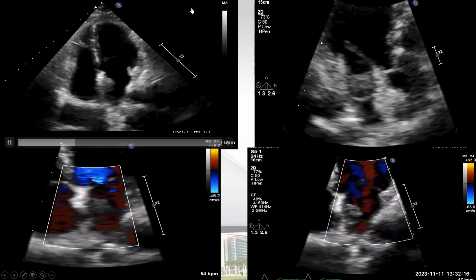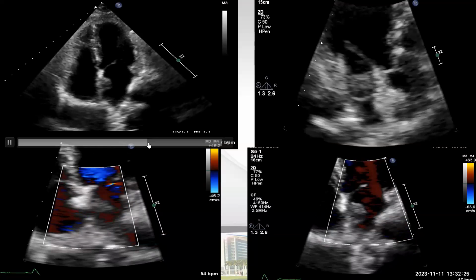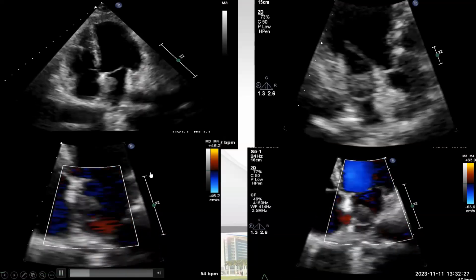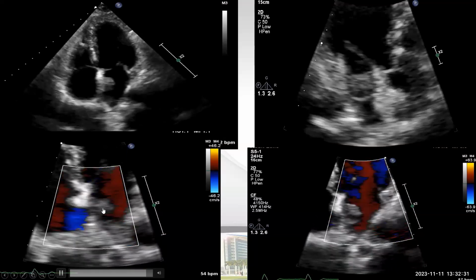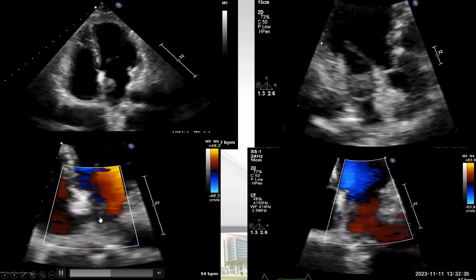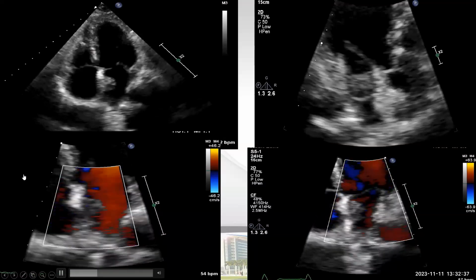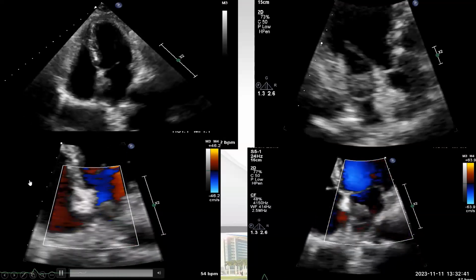You can see that the color is infiltrating inside the mass, and this indicates that this is likely myxoma. Because in myxoma, as well as hypervascular masses, mainly malignant, the color is infiltrating inside, contained inside the tumor or mass. And this is against thrombus and against what?